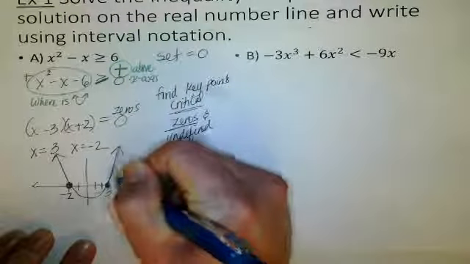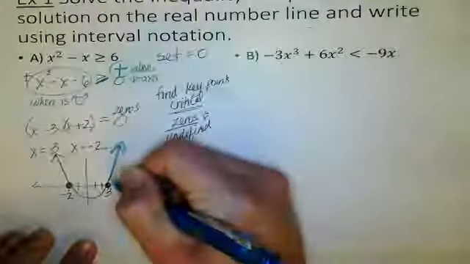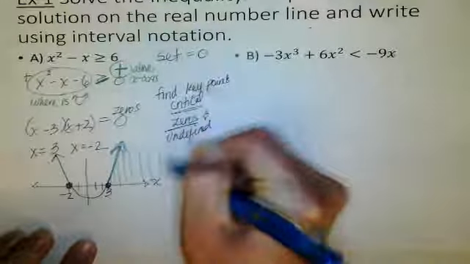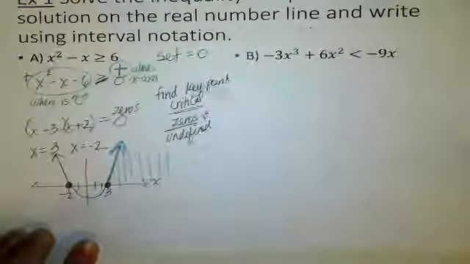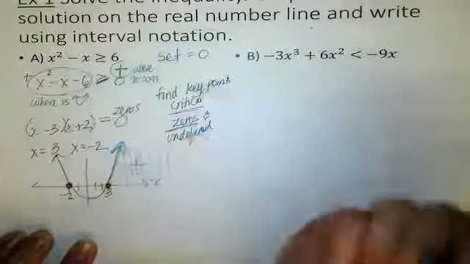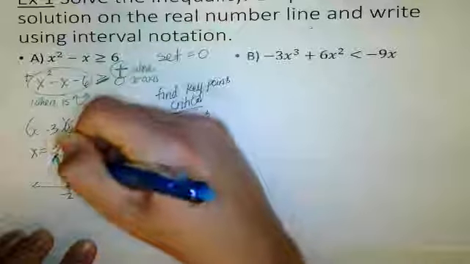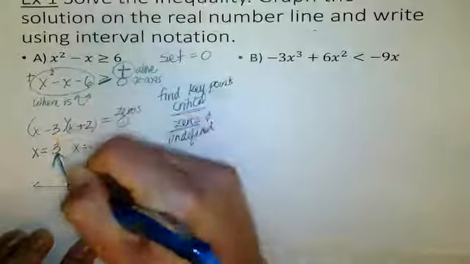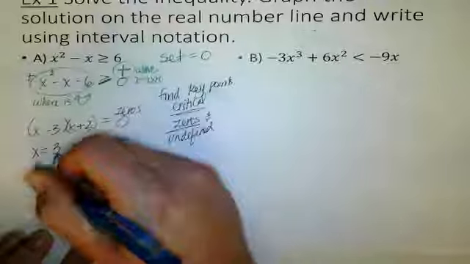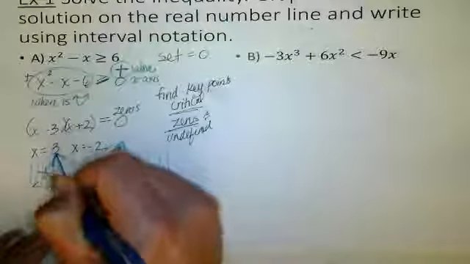Everything up here is positive, and that occurs for everything to the right of 3. Over here, all of these outputs are also positive, above the axis, and that occurs for all of these x values that are less than negative 2.